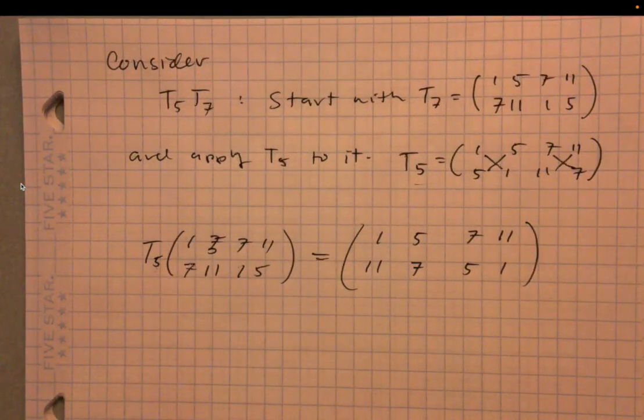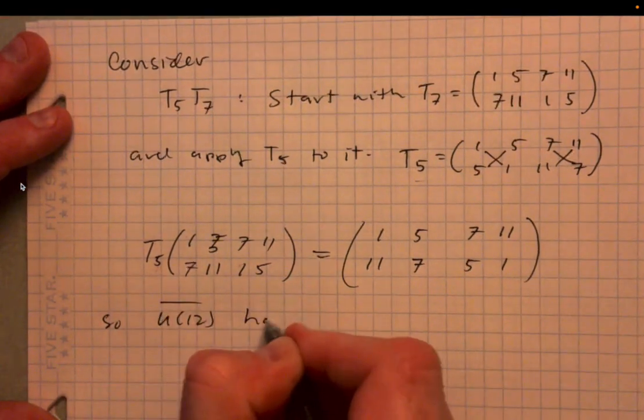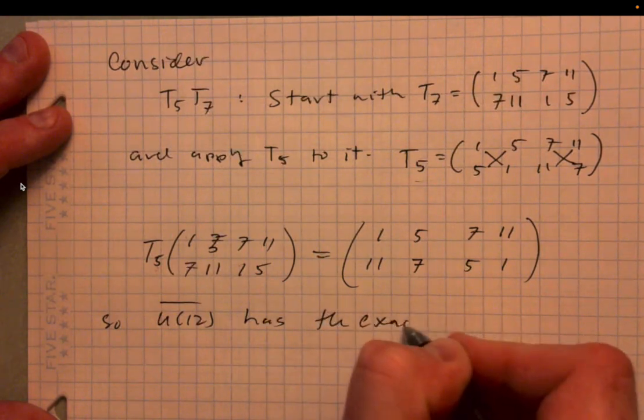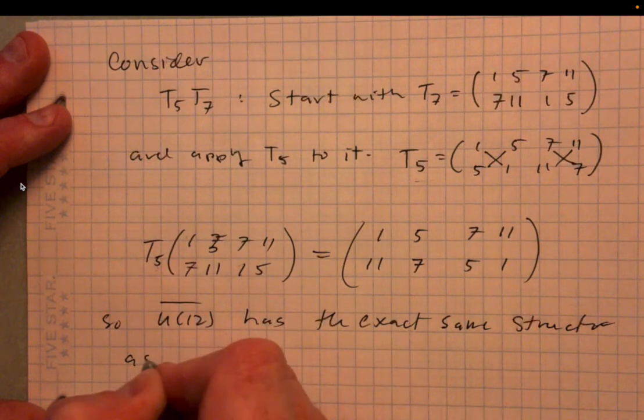11, 7, 5, 1. So these permutations have the exact same structure as U12. Right? So combining two elements in this left representation of U12 will result in an element that corresponds to the same element in U12. So the left representation has the exact same structure as U12.